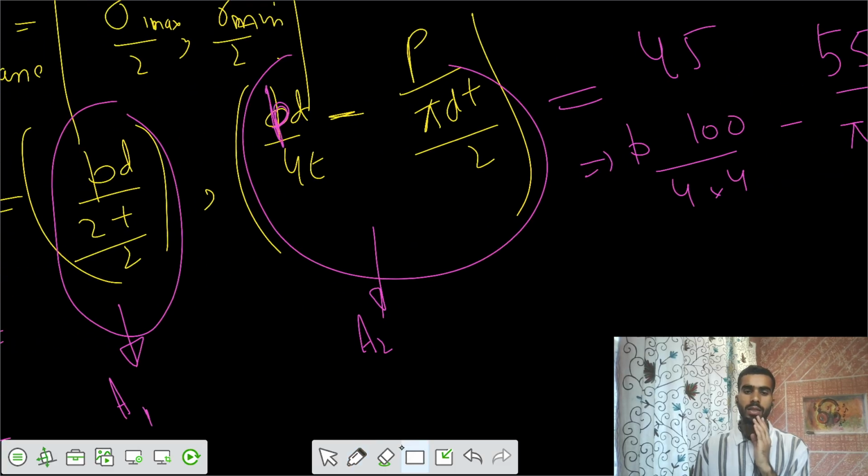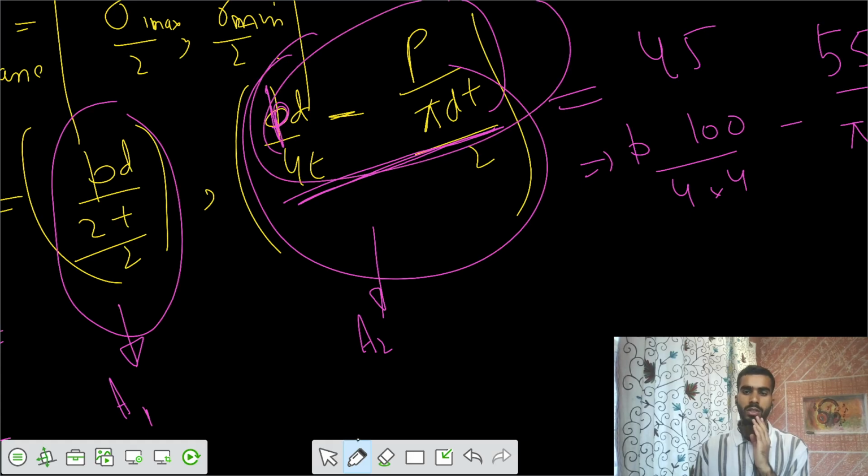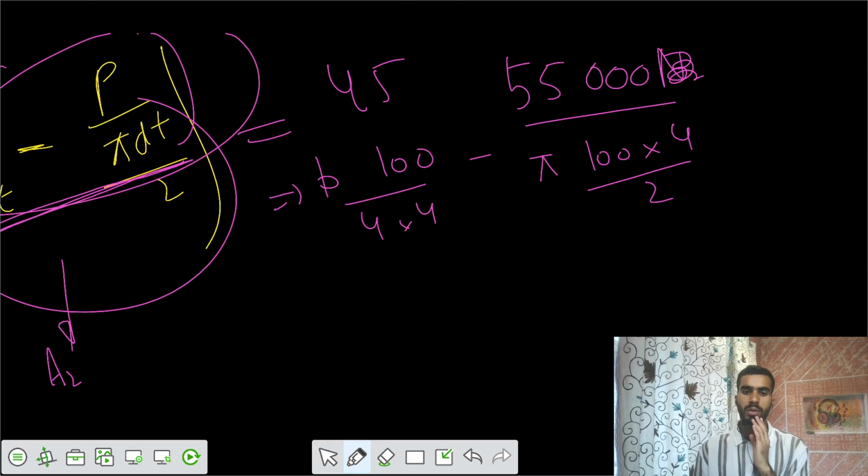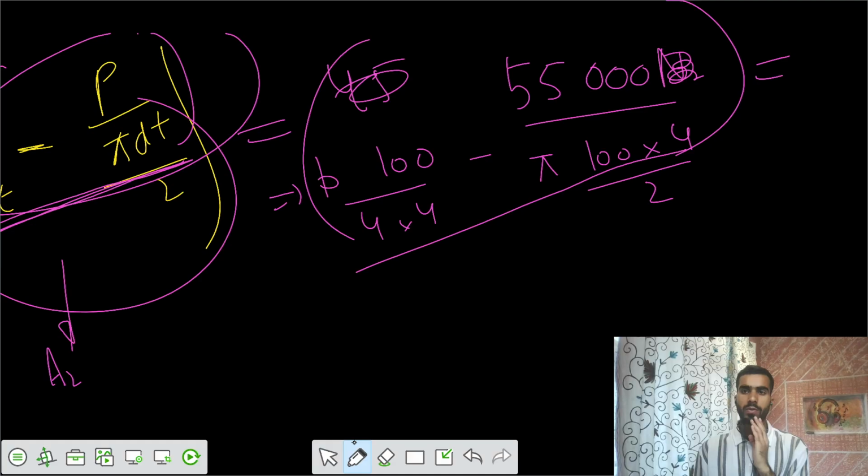Actually the 2 should be divided for the entire term. This is your sigma 2 divided by 2. So this term divided by 2 should equal 45. Finally, from this equation you get a pressure of 21.4 megapascal.